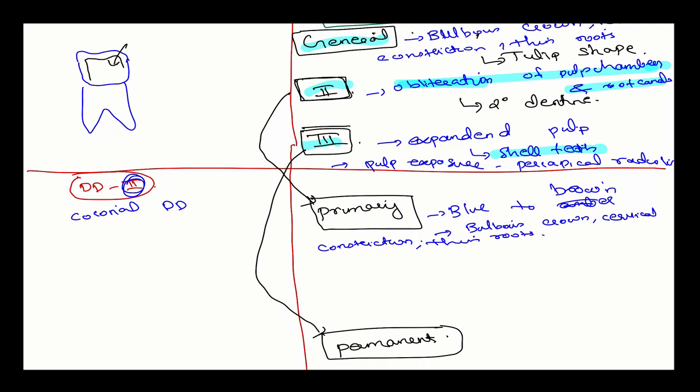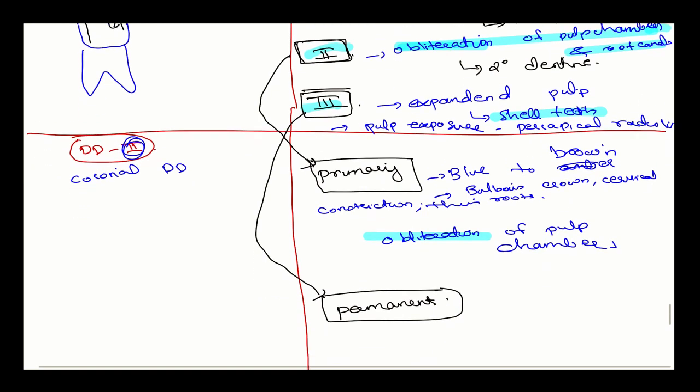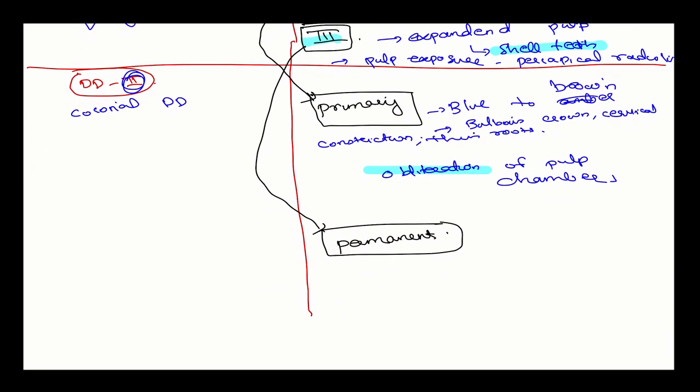Thin roots, all same. But more importantly here, what is really important is there is obliteration of pulp chambers. This is what is really important, which has the similarity, as I told you, with type 2.